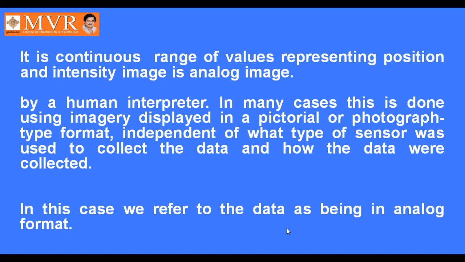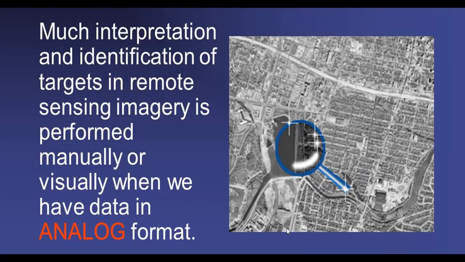That's why you could not get more information from analog images. Much interpretation and identification of targets in remote sensing imagery is performed manually, visually.